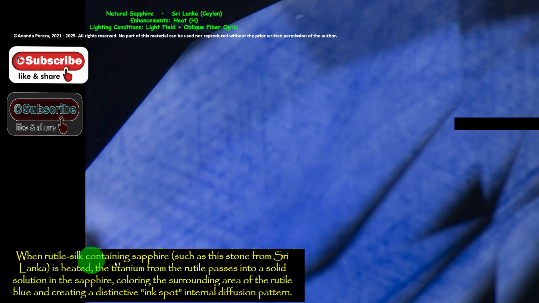When rutile silk containing sapphire, such as this stone from Sri Lanka, is heated, the titanium from the rutile passes into the solid solution in the sapphire, coloring the surrounding areas of the rutile blue and creating a distinctive ink spot. You can see the ink spots here. Because of titanium, it creates the ink spots. Internal diffusion pattern. So this is a heated pattern.